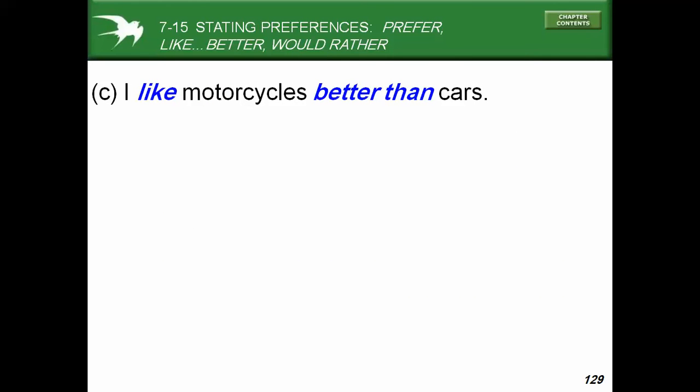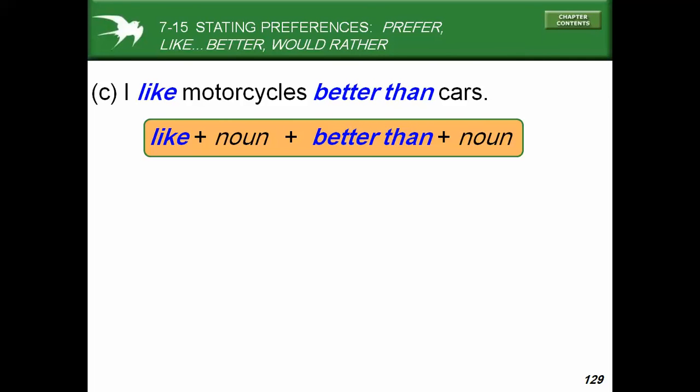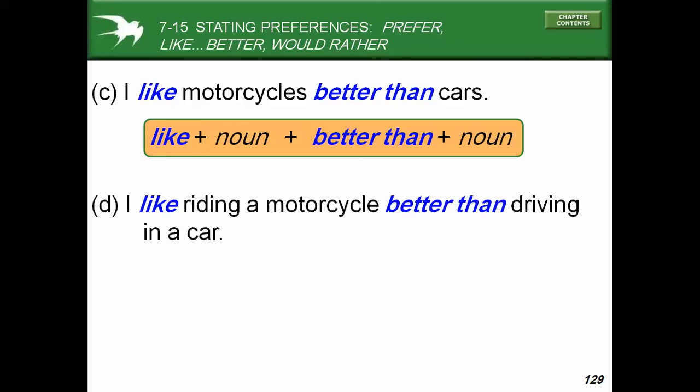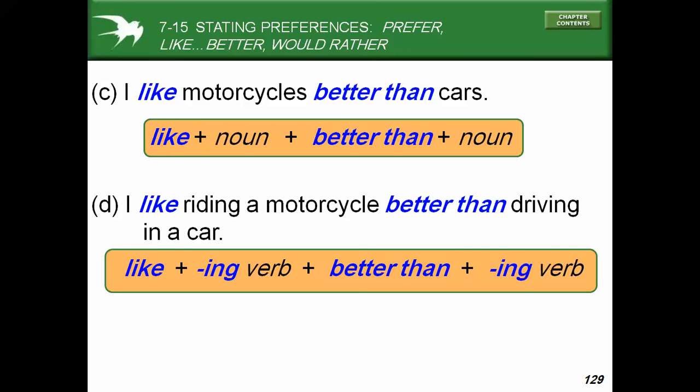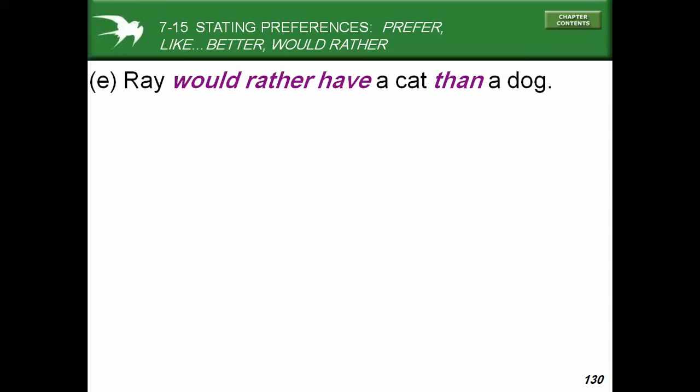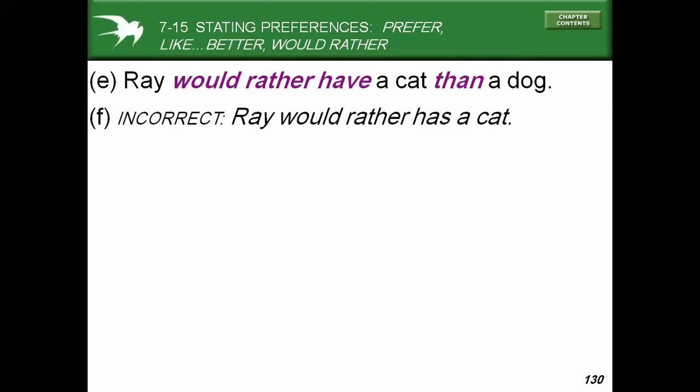I like motorcycles better than cars. Like plus noun plus better than plus noun. Like riding a motorcycle better than driving in a car. Would rather have a cat than a dog. Incorrect.